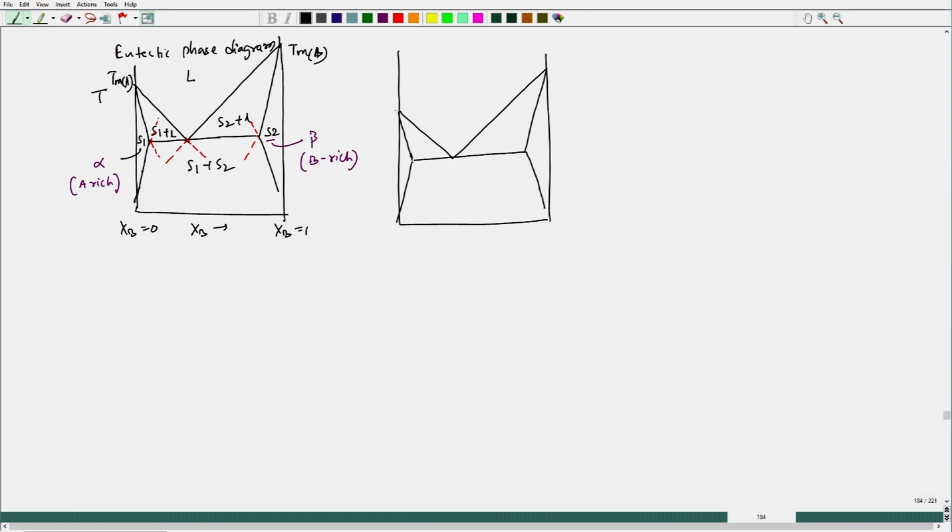Let us say those solids have different crystal structures, XB equal to 1, XB equal to 0. So, let us say this is beta, this is alpha, as we have seen with the notation A rich and B rich, alpha plus gamma, this is gamma plus beta, this is alpha plus beta.